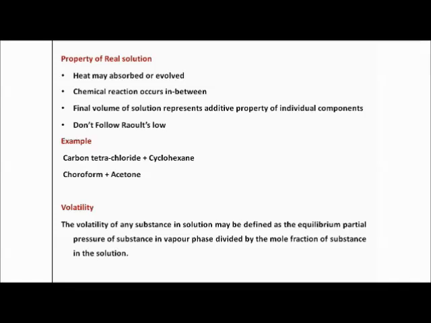Let's get it very clear. Suppose, for example, a substance A in a liquid mixture has a partial pressure of PA, and its concentration in the mixture is XA as a mole fraction. How do you define the volatility? Simple.